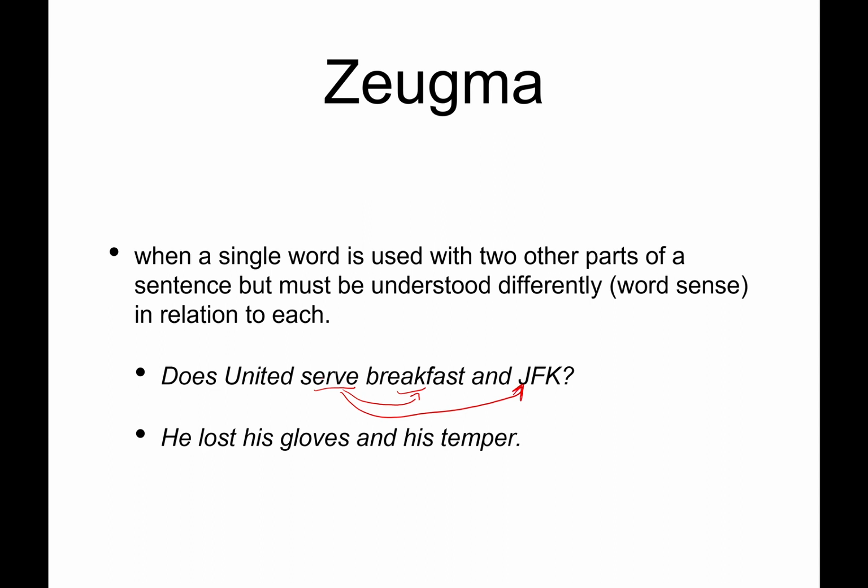So this is called zeugma, when you are using a word that you know has different meanings, but in the same sentence you use it in two different senses. Here you say he lost his gloves and his temper. Losing gloves means you physically don't know where the gloves are, but somebody losing his temper is not physically not knowing where his temper is. It's rather a different thing where you are acting irrationally or something like this. Okay, so this is called zeugma.